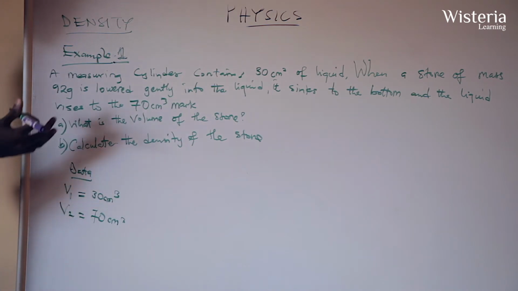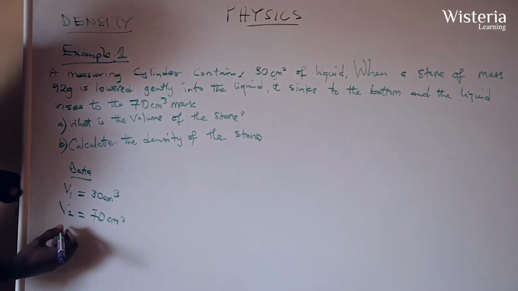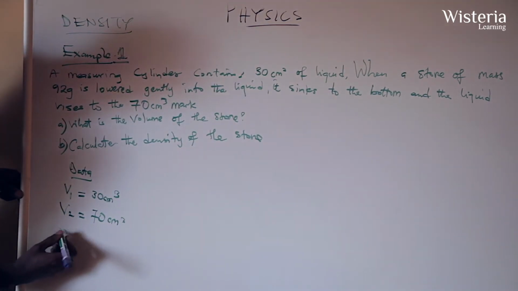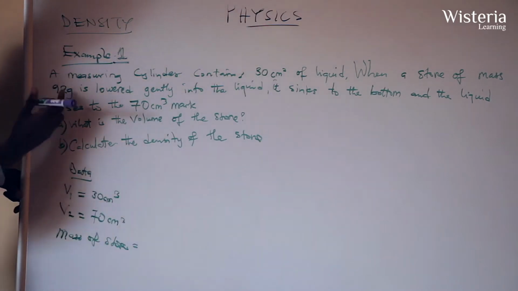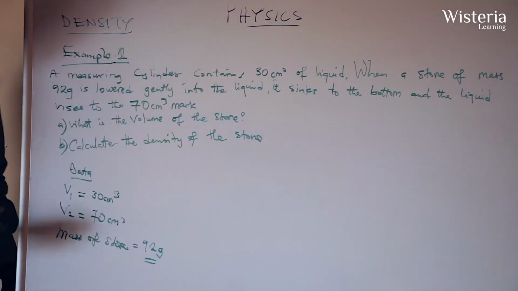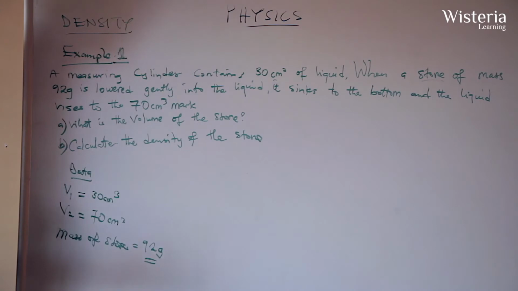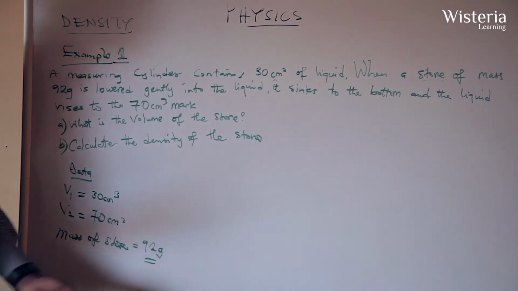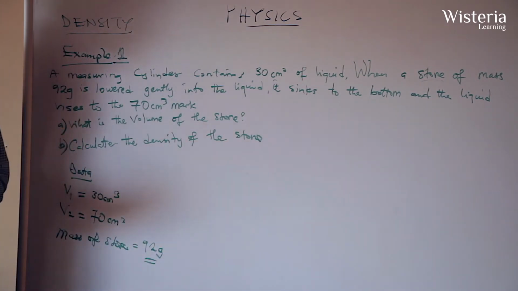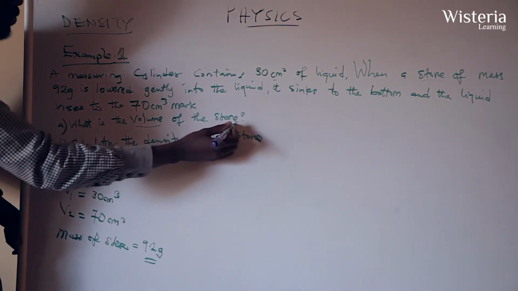So we can also relate that we are given a stone and the mass of the stone. So we can say that the mass of the stone is given to be 92 grams. Therefore, we know that a stone is an irregular substance, and we discussed how to determine the volume of an irregular substance by using the displacement method. Then we can conclude by answering question A: what is the volume of the stone?